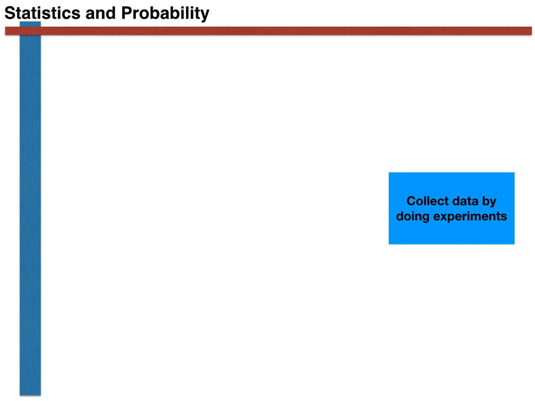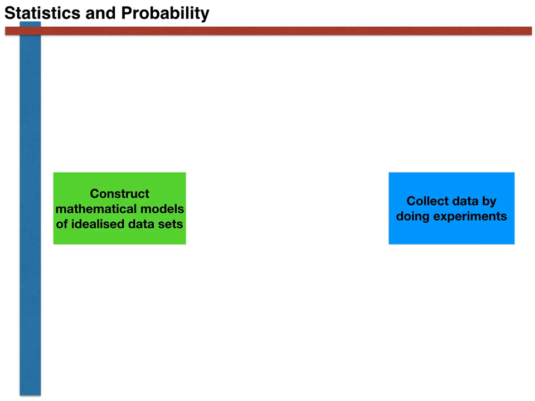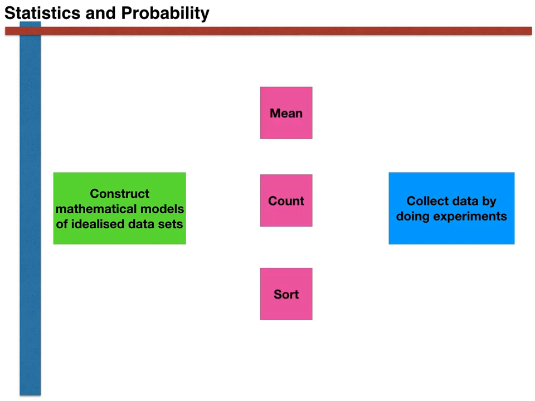This is where probability theory comes in. In probability theory, we generate mathematical models of idealized datasets that are fully understood. We can then take the data generated from these idealized models and the data generated from experiments and perform these three operations that we have discussed at length, namely calculating the mean, sorting the data, and counting the frequencies.